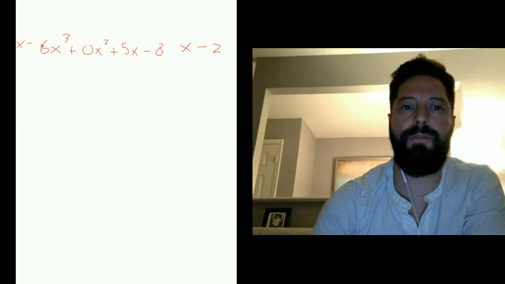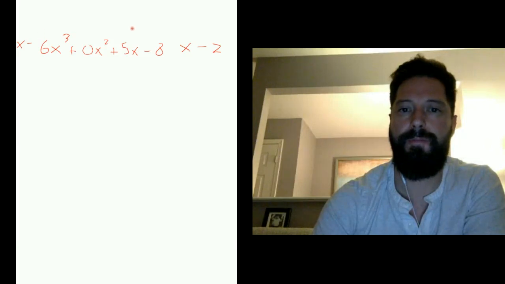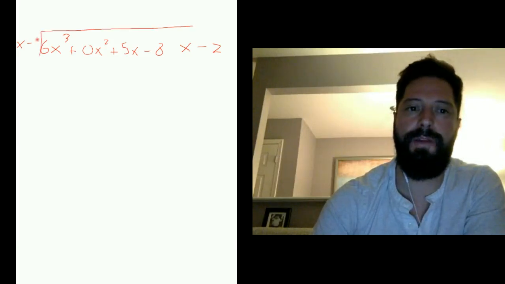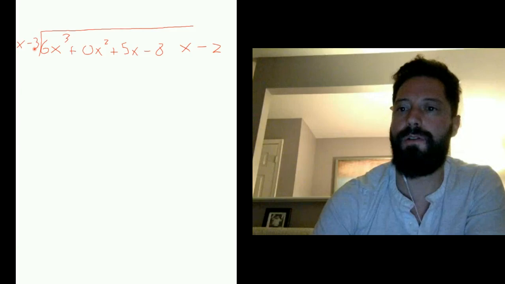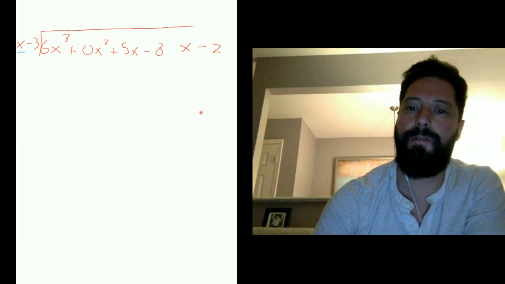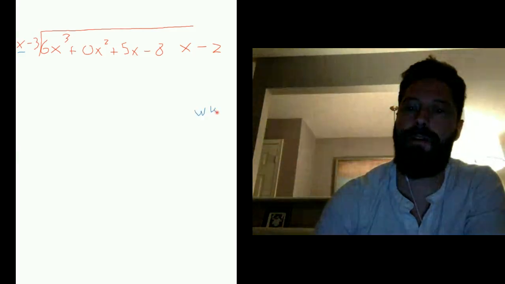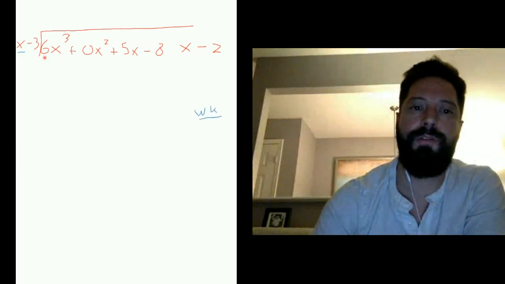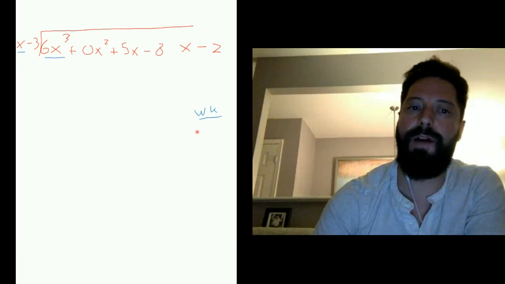So x minus 3. Our goal here is to divide the x into everything over here. I'm going to show my work on this side over here. I'm going to divide 6x to the third by x, and that gives me 6x squared.